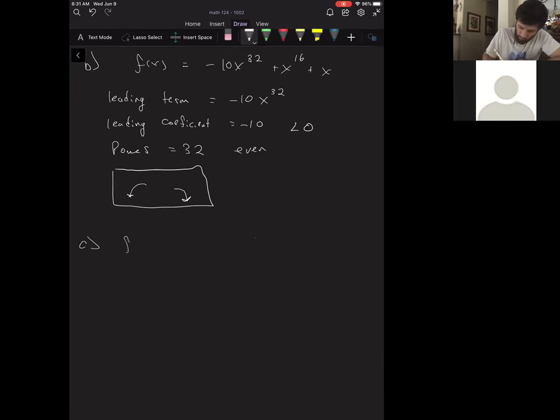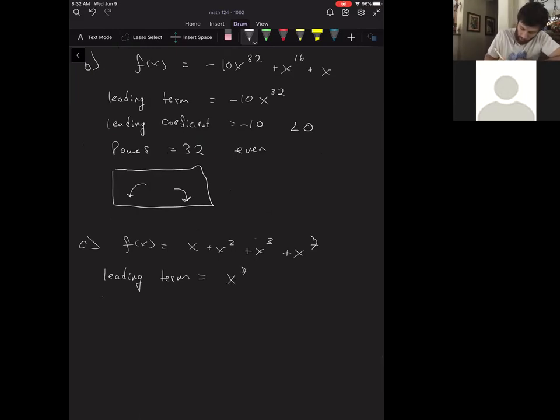Okay, so how about f of x is equal to x plus x squared plus x cubed plus x to the 7. So here, our leading term, the term that has the highest power, is this x to the 7 term.